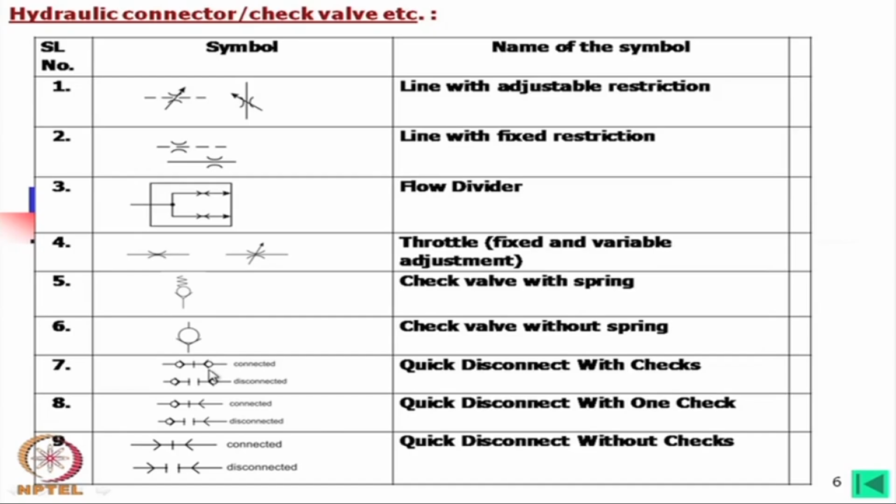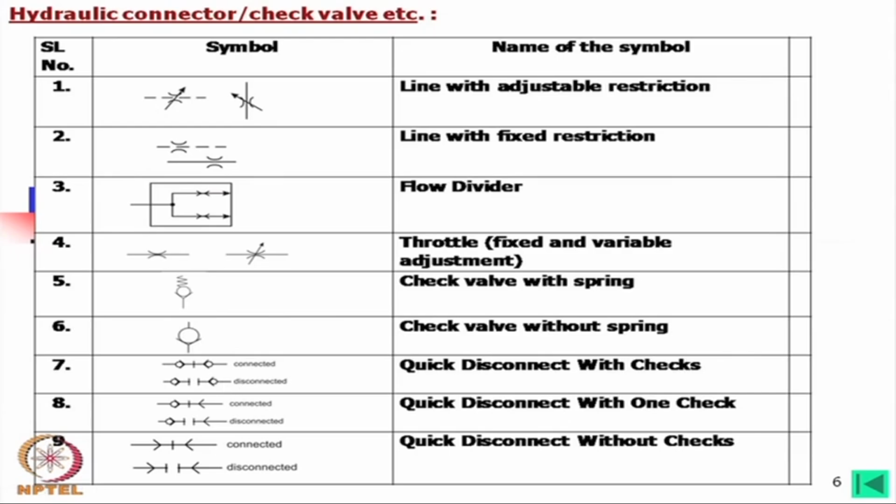Say for example, if we use this one in a line, then normally oil from this side cannot move to this side and oil from this side cannot move to the other side. Then what is the use of such connections? Usually these valves are operated by an external operation, pilot operated.